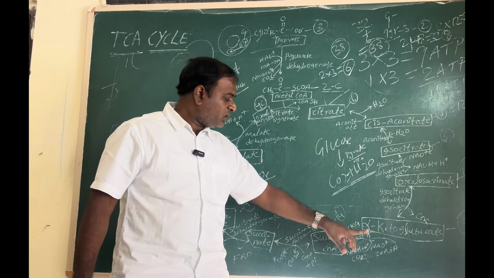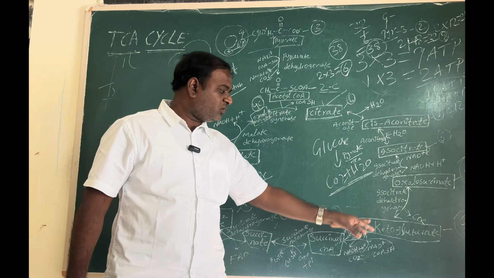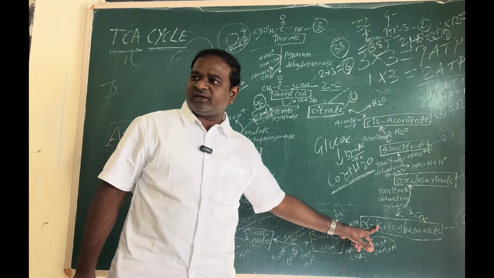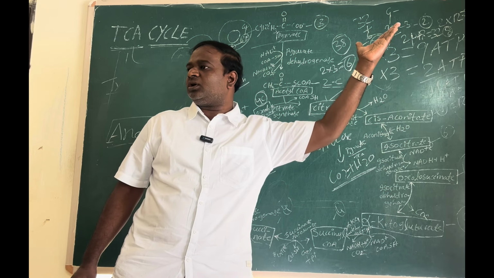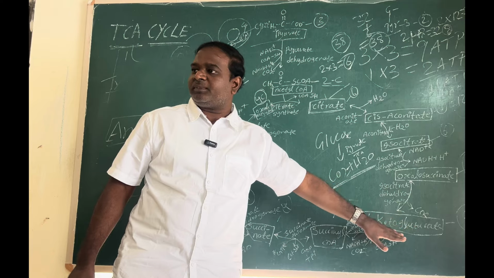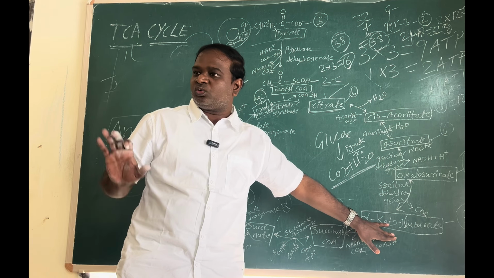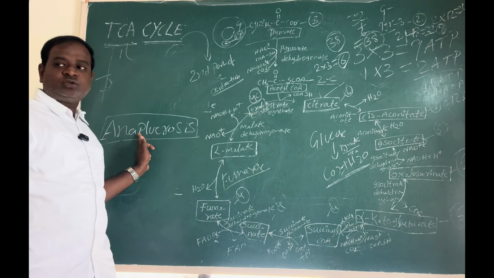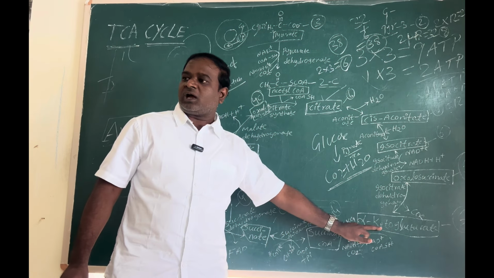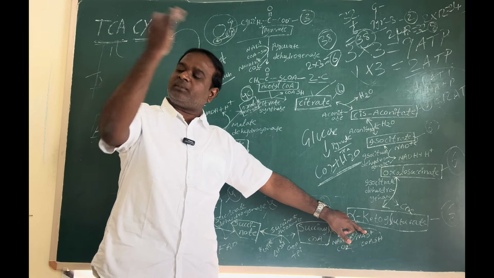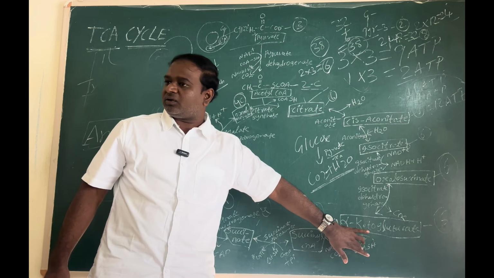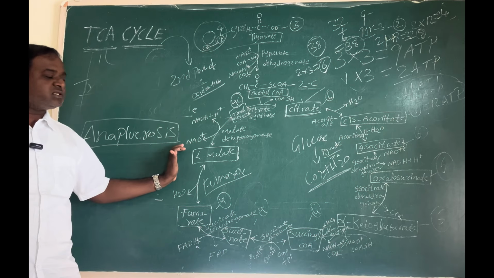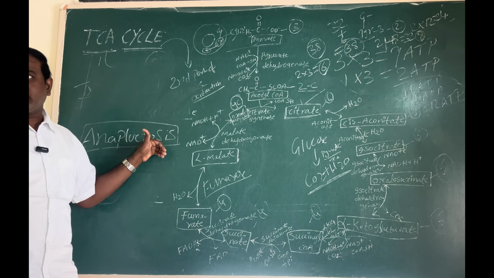For example, for formation of the amino acid glutamate, alpha ketoglutarate is required. It goes through that reaction, but then the TCA cycle pathway stops. For that, anaplerosis fills up the alpha ketoglutarate from other reactions. Then the cycle continues again.